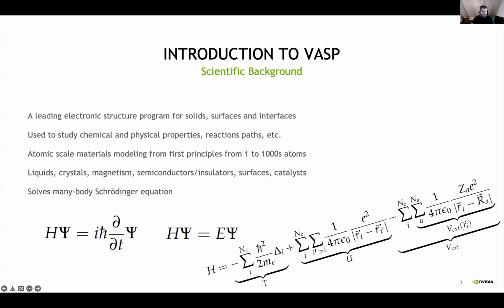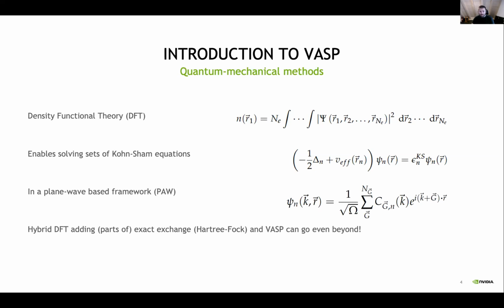All right, for the introduction, as I already said, VASP is a material science code, also solving the Schrödinger equation. It's targeting mostly solids, but you can also calculate molecules with it if you want to. It mostly does DFT in the PAW parameterization or basis set.